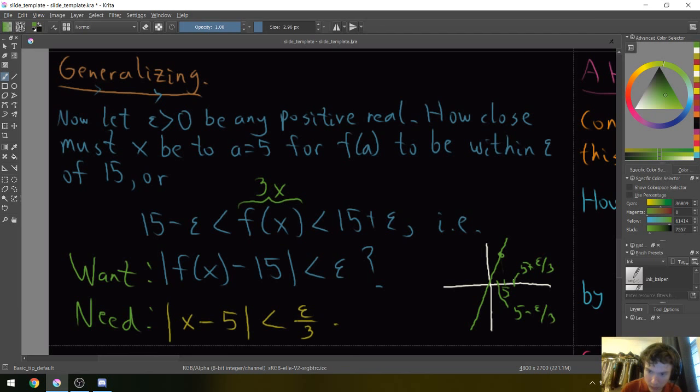We're trying to see how close does that range get us to 15. And I think what we've just shown by multiplying by 3, that gets us within this bound between 15 plus epsilon, and this one down here is 15 minus epsilon.